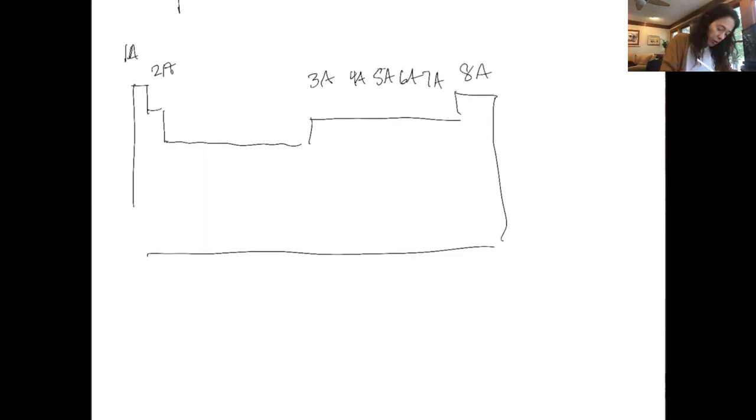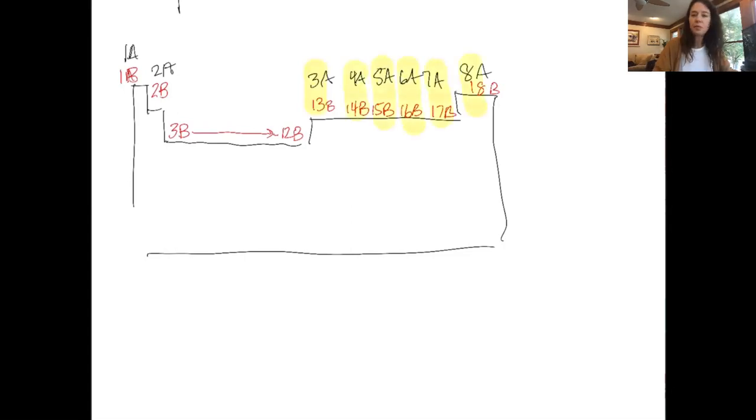You can also number them as 1A, B, 2B, 3B through 12B, right? And then this becomes 13B, 14B, 15B, 16B, 17B, and 18B. All right, but notice, it's either 3 or 13, 4 or 14, 5 or 15, so on. All right, and you should already be aware from electron configurations that there are a total of 7 periods.